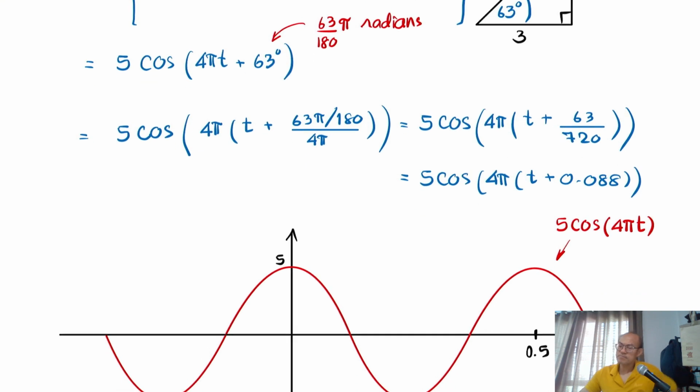63 degrees. Let's see. 63 in radians divided by 180, 180 over 4.